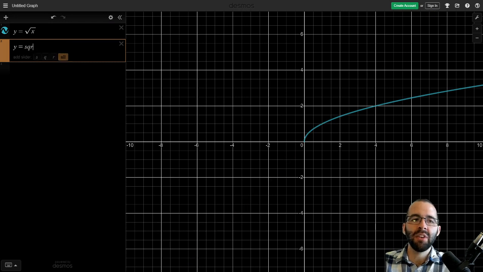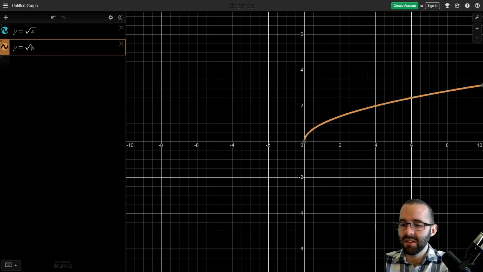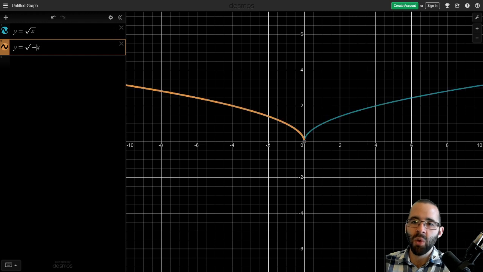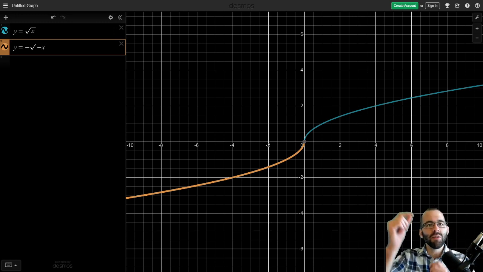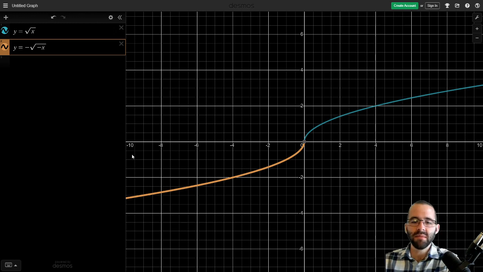If we have a square root function, let's see if that's an odd function. Well, if you reflect it around one axis and then reflect it around the other axis, does the orange and the blue line up? No, they're different. This is not an odd function. Odd function means if you reflect it on both axes, then you get the same thing.